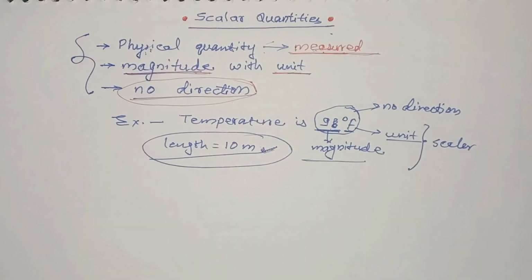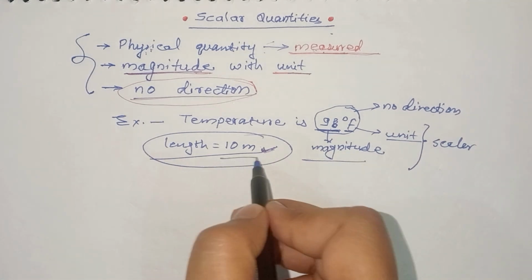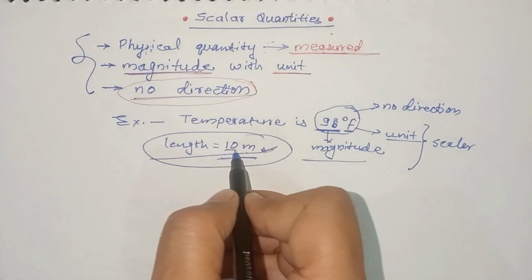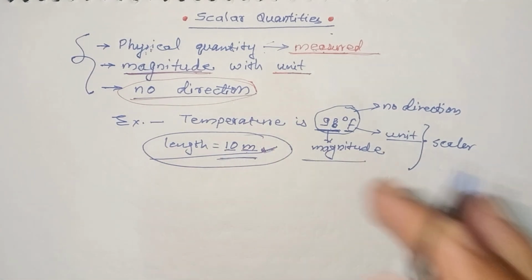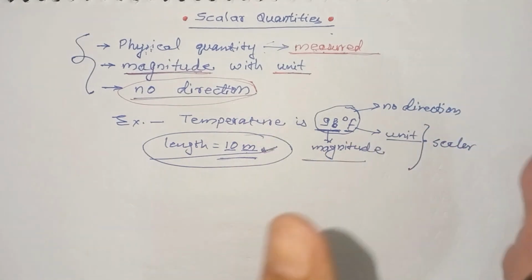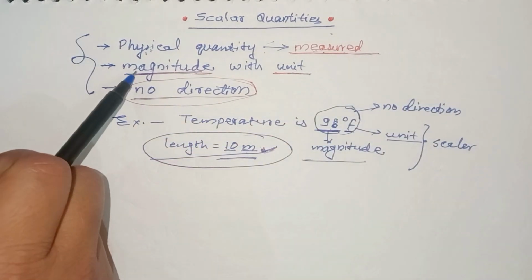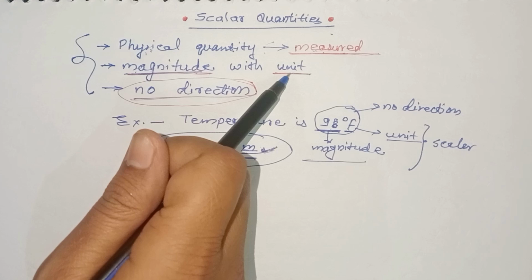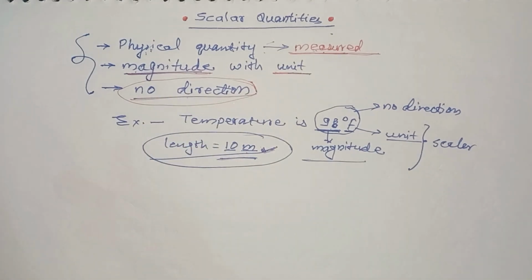So it is a scalar quantity. It has magnitude, it has unit, but it has no direction. Only three points we should always remember: magnitude, yes. Unit, yes. Direction, no.